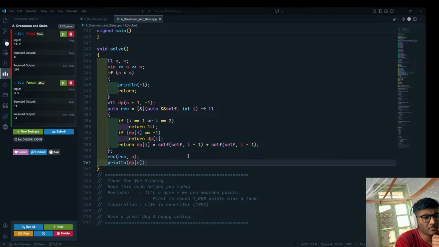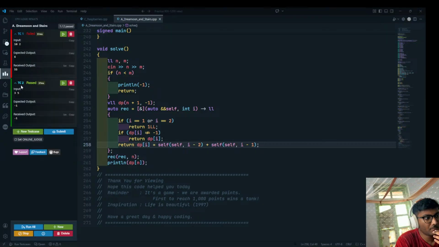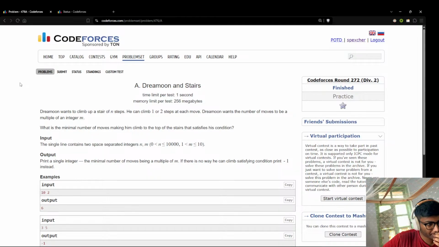Hmm, 256. So 55. No, we don't want the number of ways, right? Okay, is it always n by 2?